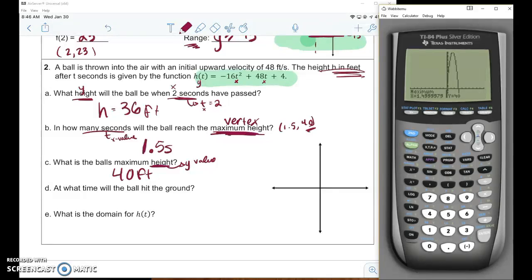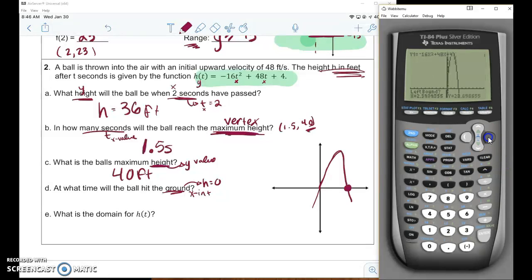At what time will the ball hit the ground? Our graph looks something like this, and we know that on the ground, the height is 0. So we want to know when the ball goes up and back down and height is 0, or we want to know the x-intercept. So second trace, I need the zero.